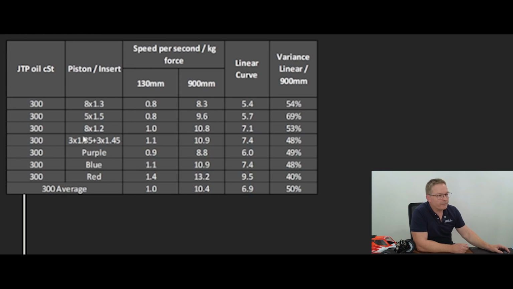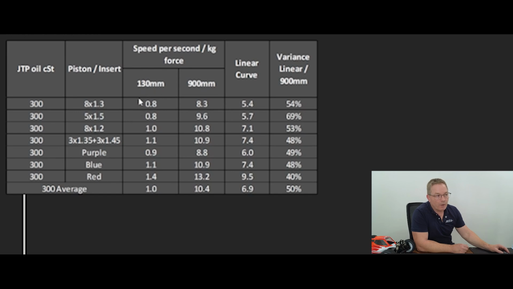And flat pistons and these inserts. Right, so we tested both at a low speed, 130 mils per second, and a high speed at 900, and I got the test results off the dyno.